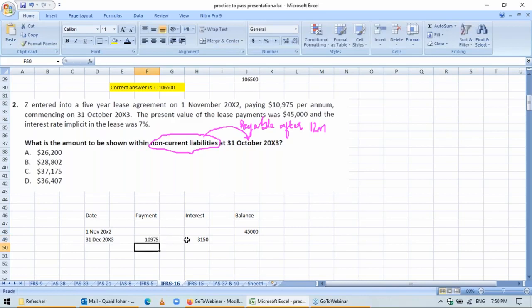When you make this payment, along with it you pay the interest. So out of 10,975, deduct the interest amount 3150. It gives you 7825. So this 7825 amount is the principal repayment.